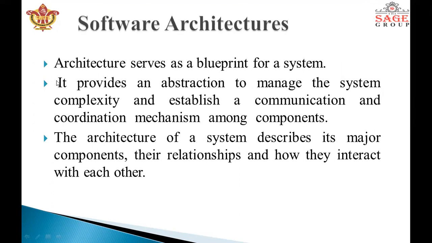Here you can see the architecture serves as a blueprint for a system. It provides an abstraction to manage the system complexity and establish a communication and coordination mechanism among the components. The architecture of a system describes the major components, their relationships and how they interact with each other.